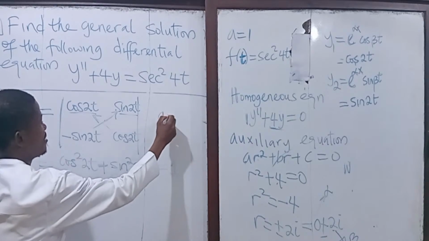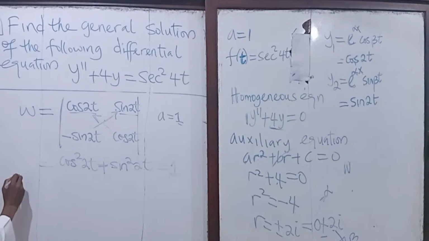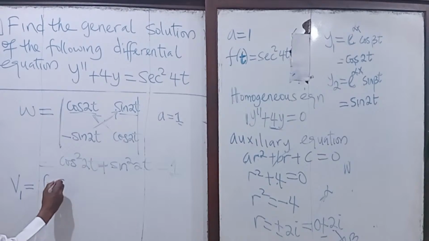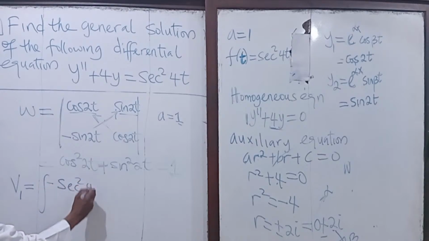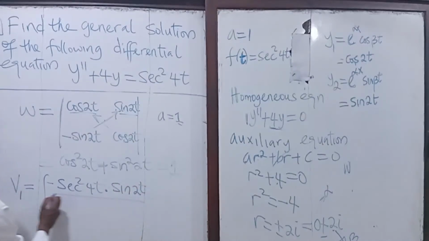And a is also 1, the attachment to your second differential. Then we can get v1, which is equal to minus f of x, where f is sec square 2t, times y2, which is sine 2t, all over 1 times 1.